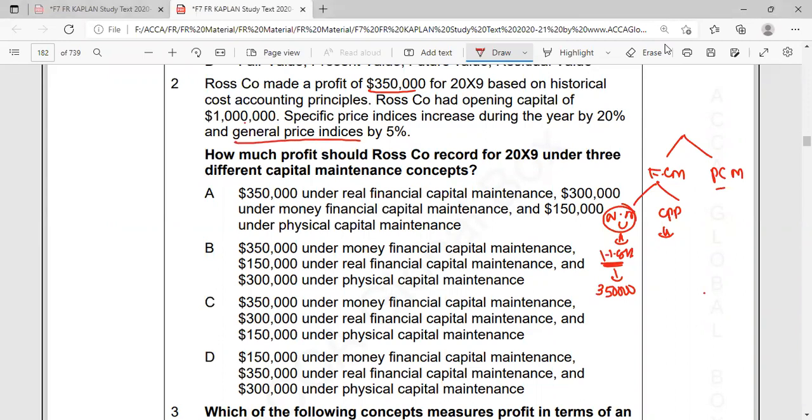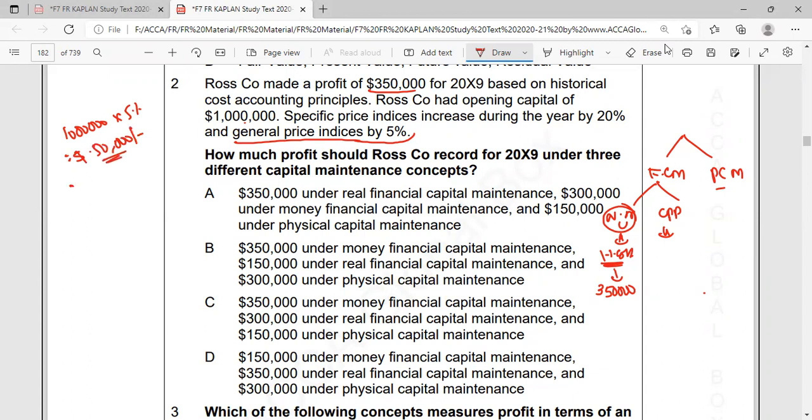For the maintenance of the capital, with general price indices, we need how much? 5%. So that is 10 lakh into 5%. So that is nothing but how much?